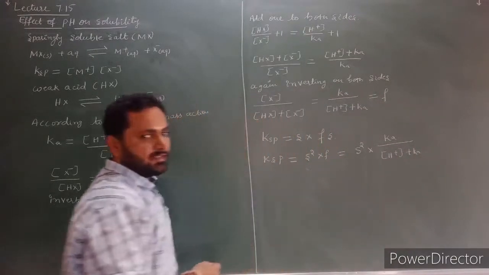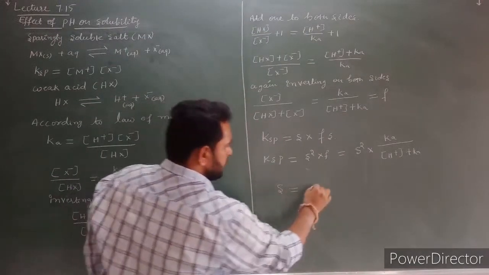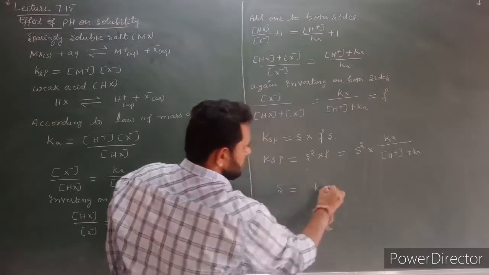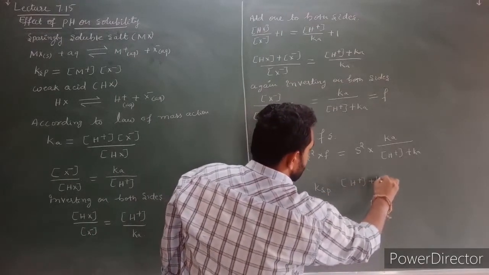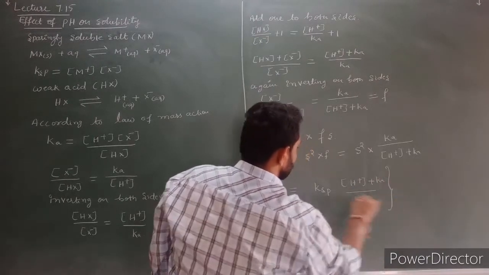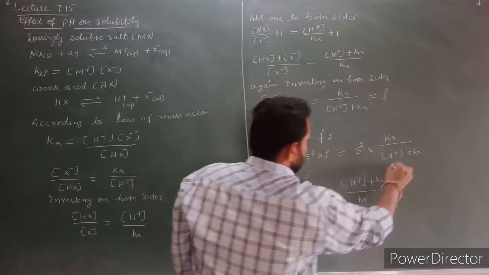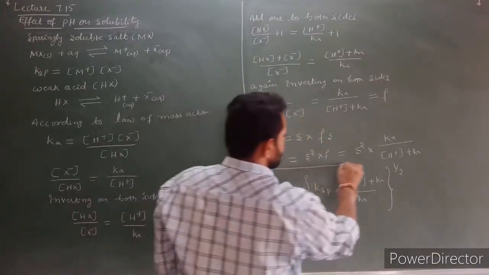Next, just rearrange this equation. S is equal to Ksp into the molar concentration of H+ plus Ka divided by Ka, whole power 1 by 2. This is the solubility relation.